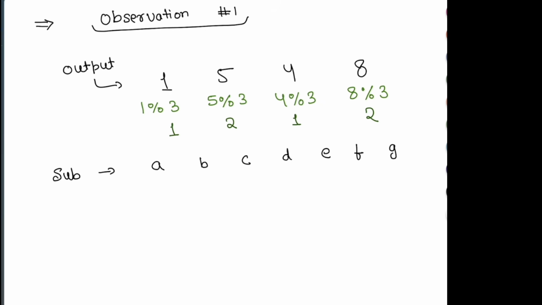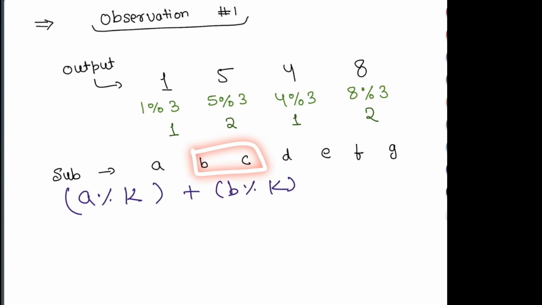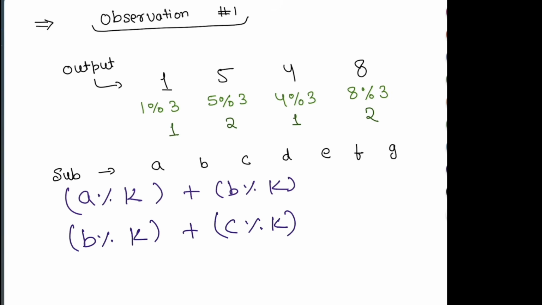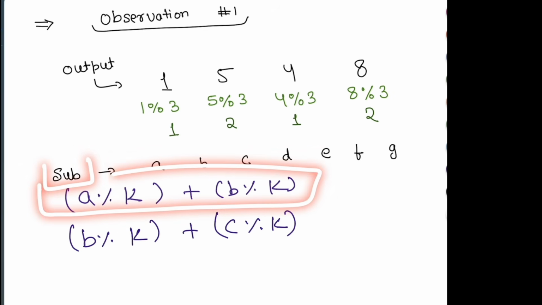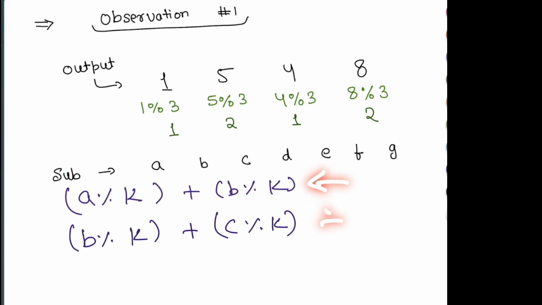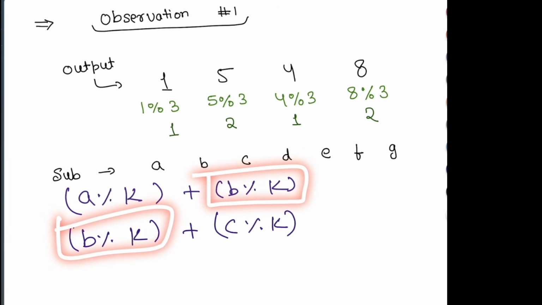That is because what we are trying to claim here is, if this is my subsequence, then A mod K plus B mod K is the calculation with the formula for the first two values. And if I try to find out the next two values calculation, it will be B mod K plus C mod K, right? What we are saying is that if this is a valid subsequence, then A mod K plus B mod K will be equal to B mod K plus C mod K. In both these values, this particular value is common, so I can get rid of this.